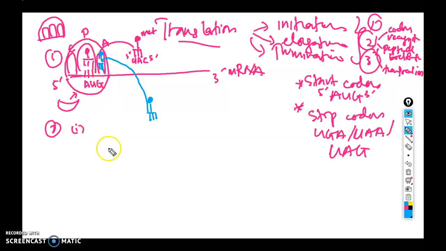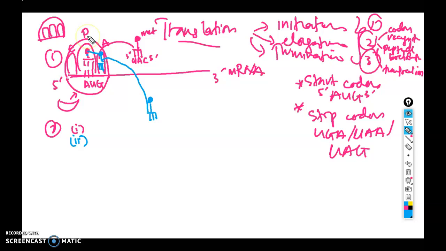So what happens next is peptide bond formation, number 2. The peptide bond will form between the A site and the P site, between the amino acids on the tRNAs at the P site and A site. After the peptide bond forms, the P site tRNA will be detached, and the tRNA at the A site will carry this amino acid.